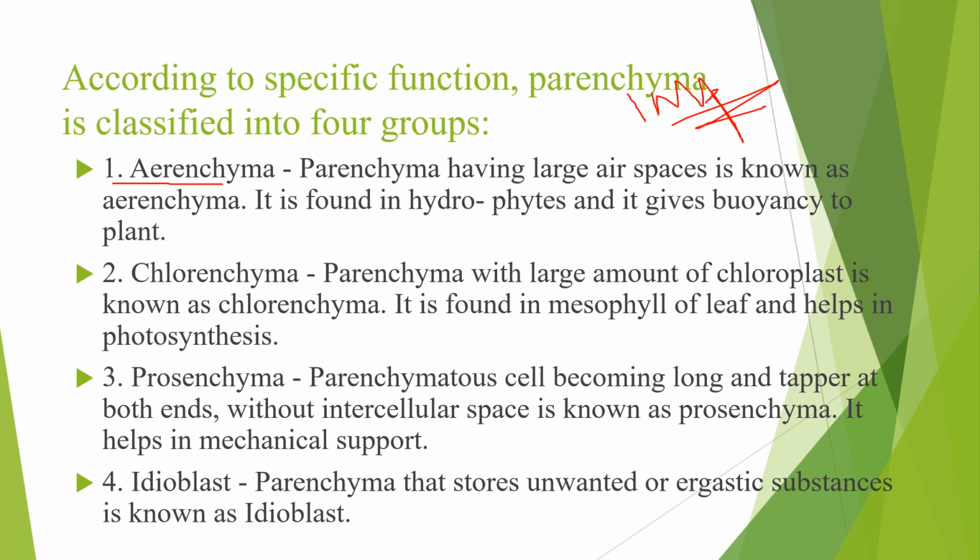Next is chlorenchyma. Parenchyma with a large amount of chloroplast is called chlorenchyma. It is found in mesophyll cells of the leaf because it helps in photosynthesis. Then prosenchyma: parenchyma cells becoming long and tapering at both ends without intercellular space are known as prosenchyma.